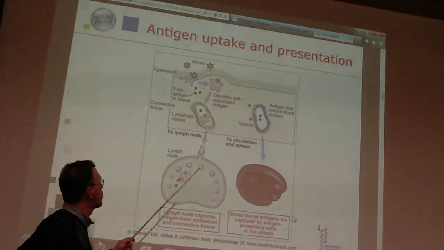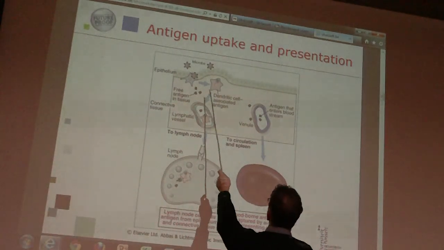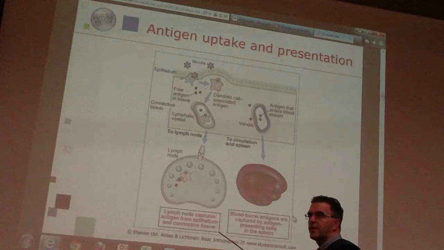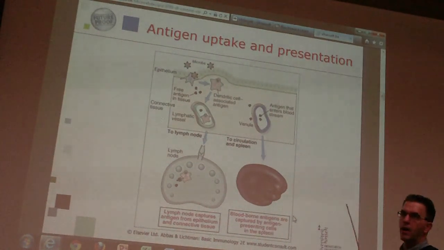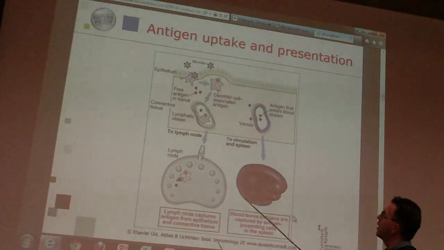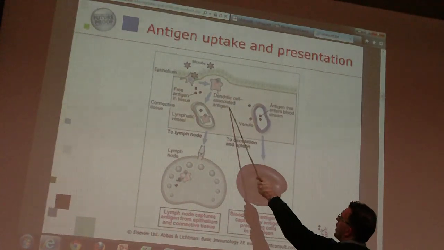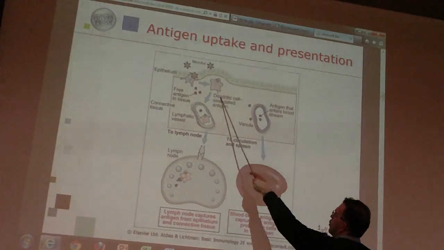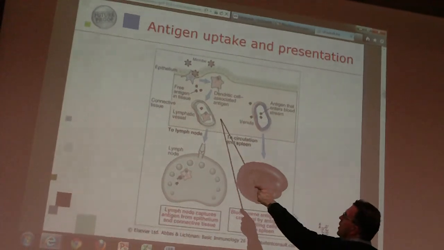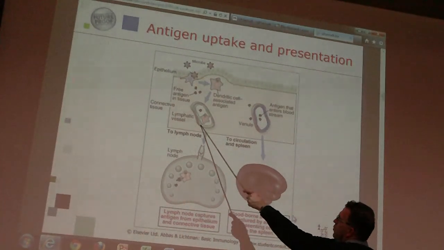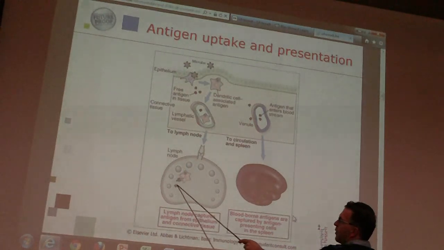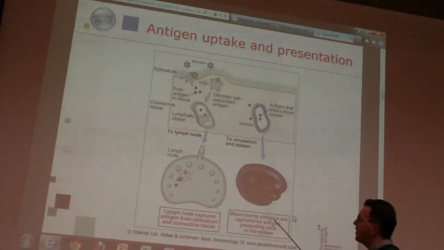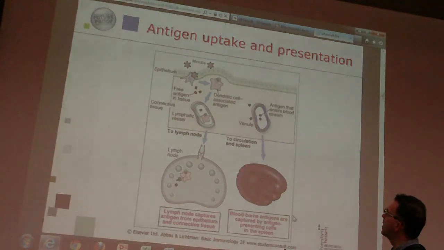So what happens is that the most important cell there are the dendritic cells. Dendritic cells that are underlying your epithelium. They will take up your microbe, and this dendritic cell gets loose from your tissue, will go through the lymph vessels into your lymph nodes, and at that site they will contact your T cells and activate your T cells.